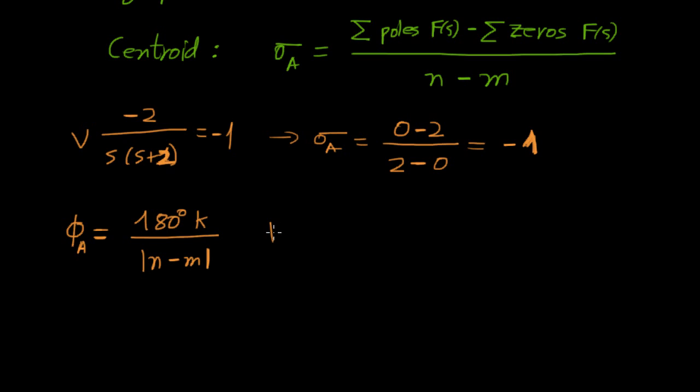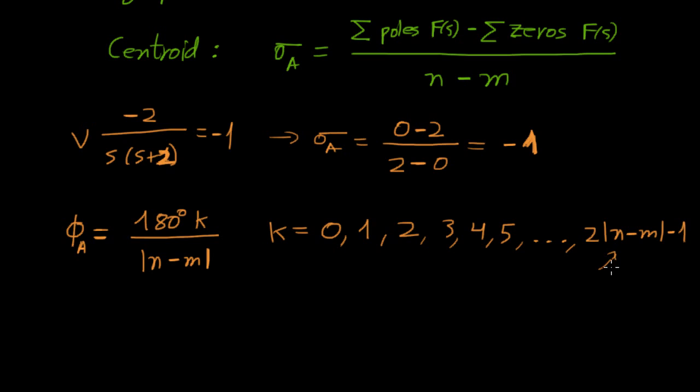And here k can be any natural number, 0, 1, 2, 3, 4, 5, up to 2 times n minus m minus 1, which actually you don't need to apply, because the only thing that this is telling us is that if we have 2 more poles than zeros, then we have to find 2 asymptotes for the positive root locus and 2 asymptotes for the negative root locus.